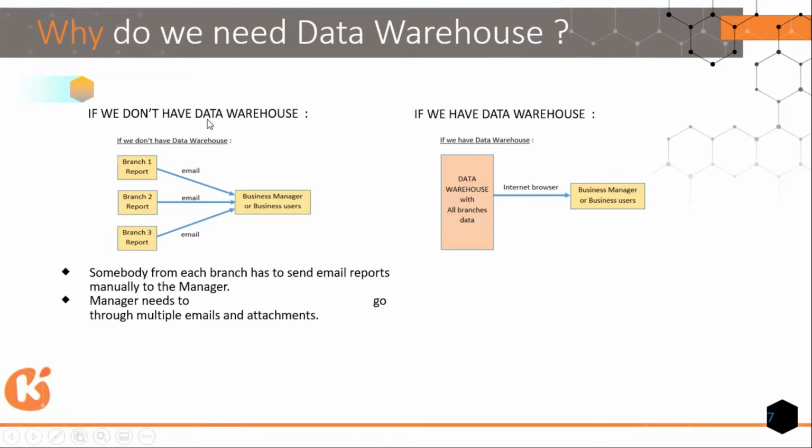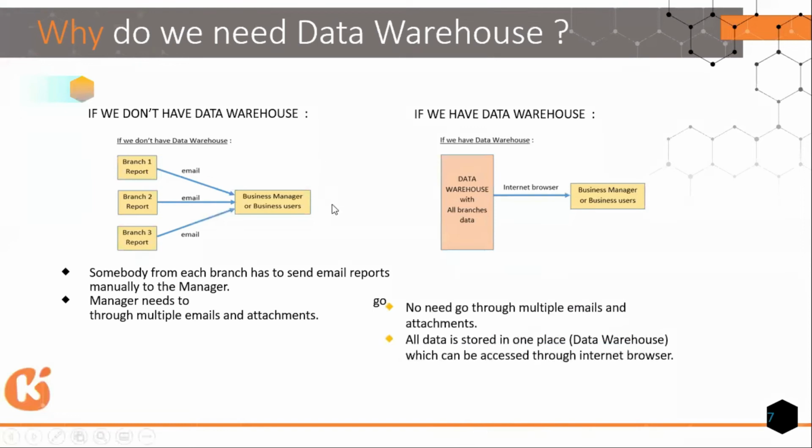If we don't have a data warehouse, somebody from each branch has to send email reports manually to the manager, and the manager needs to go through multiple emails and attachments. If we have a data warehouse, there is no need to go through multiple emails and attachments.